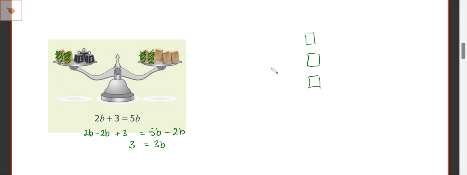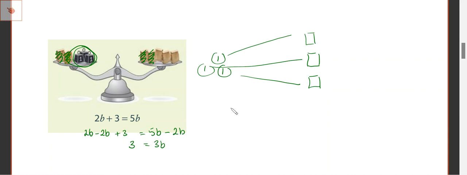The bag has an unknown number in it. And I know that these 3 known numbers need to be equally divided amongst the bags. So I'm going to put 1 that way, 1 that way, and 1 that way. So I have divided by the 3 bags.